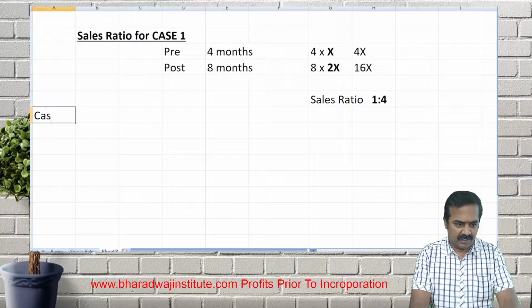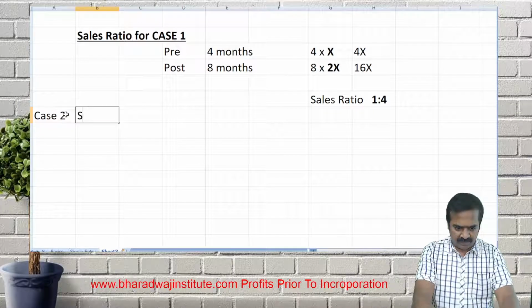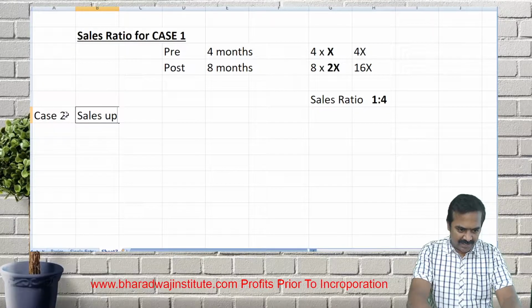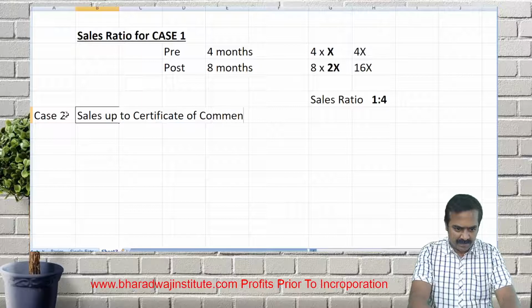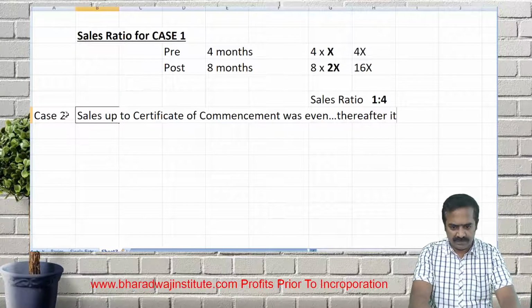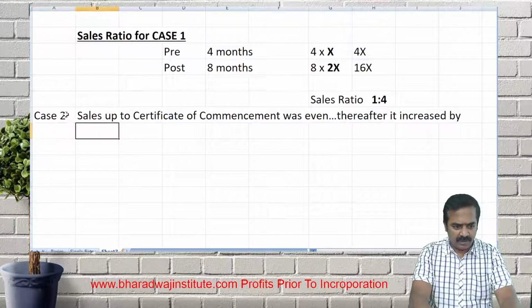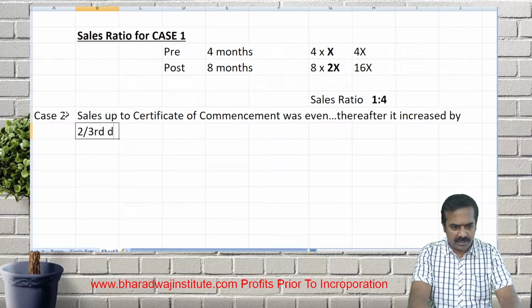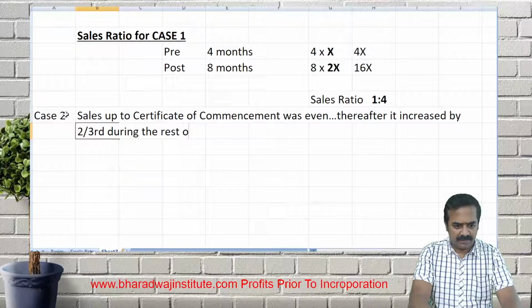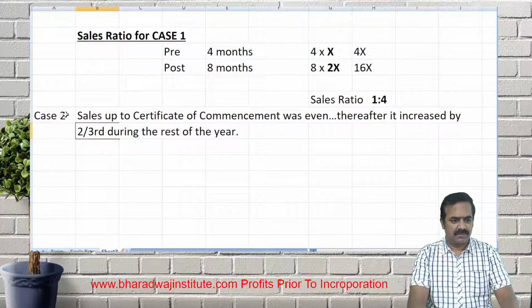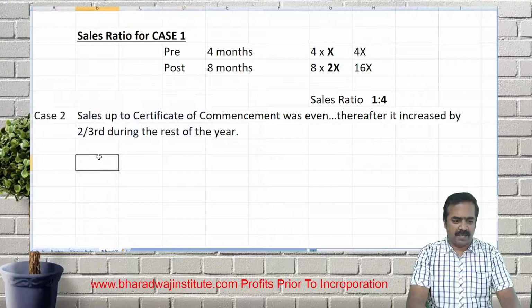Now let me review case 2. Sales up to certificate of commencement was even. Thereafter, it increased by 2/3 during the rest of the year. Case 2. Time ratio is the same.